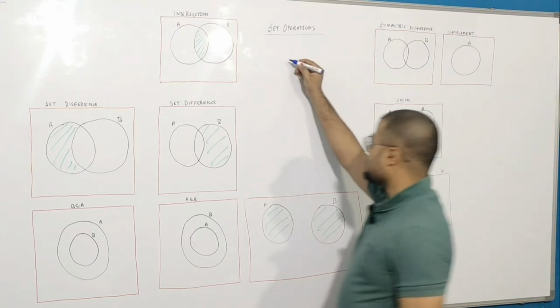So every element other than 5, 6, 7 will be a part of this.